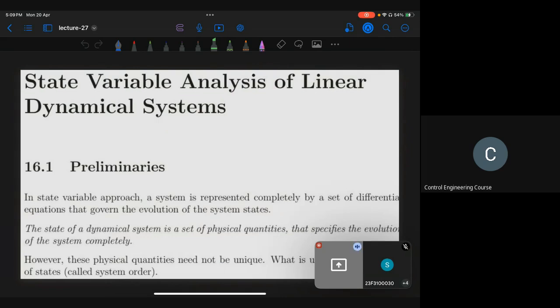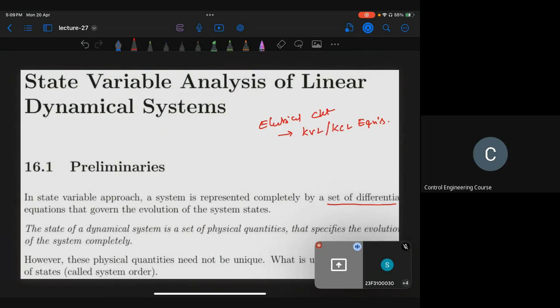Basically, any linear dynamical system, their operations we can represent by using a set of differential equations. For example, if you take any electrical circuit, generally we write either KVL or KCL equations, correct?